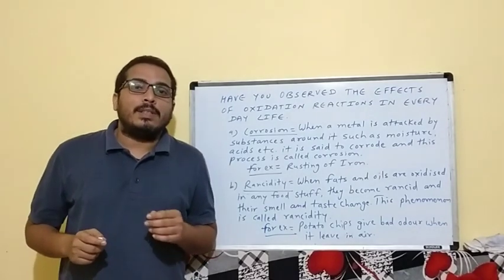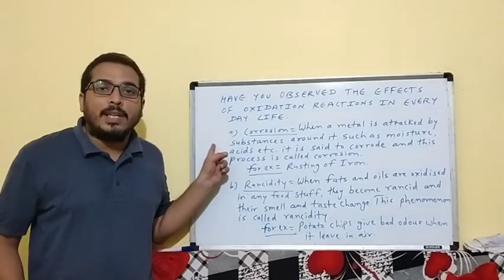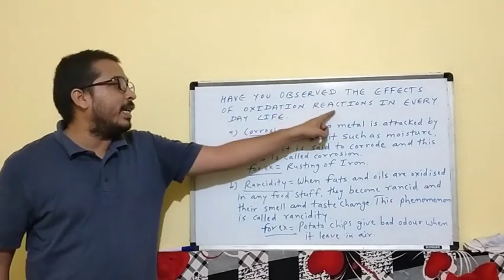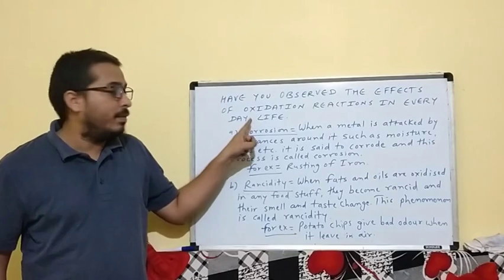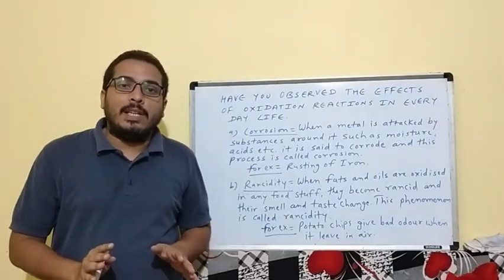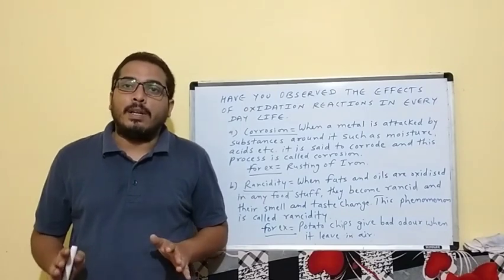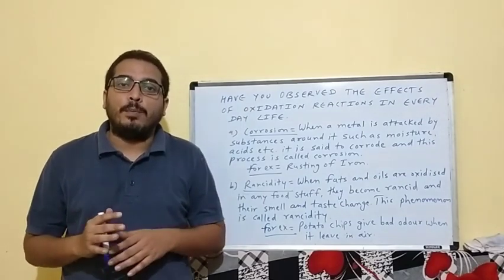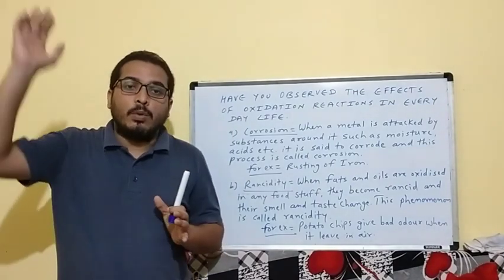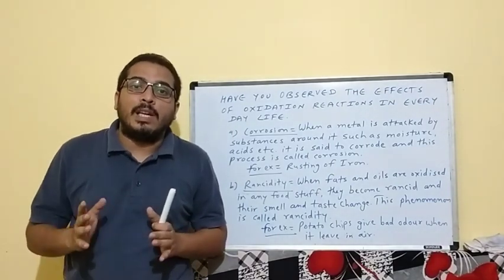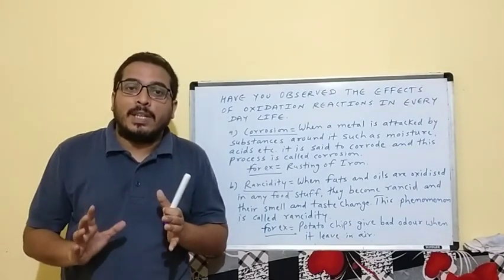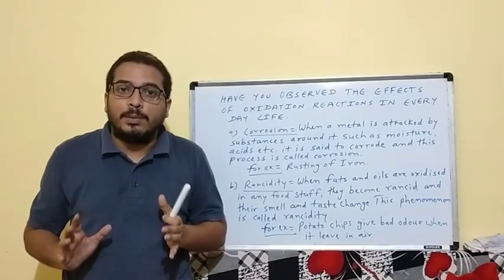So my dear students, my last topic of this chapter is, have you observed the effects of oxidation reactions in everyday life? Yes, we have seen many different changes in our everyday life. For example, in monsoon season, if we put iron nails or any iron object on the roof, after some time we will see a layer or coating of a brown colored substance on the surface of the object.